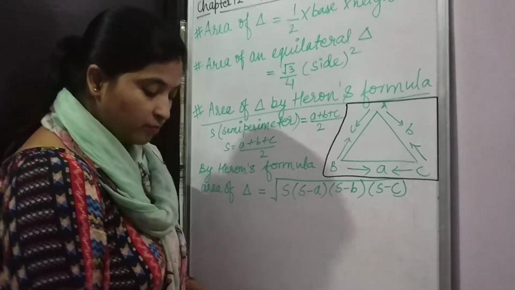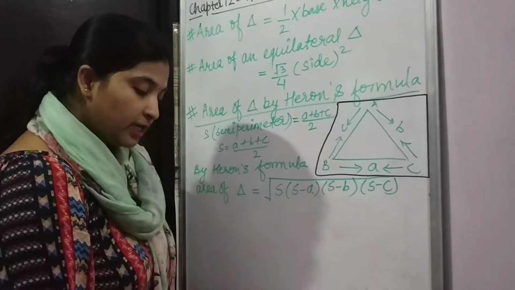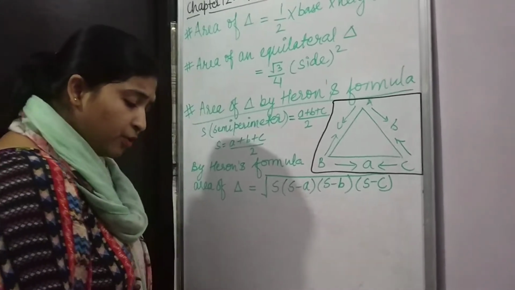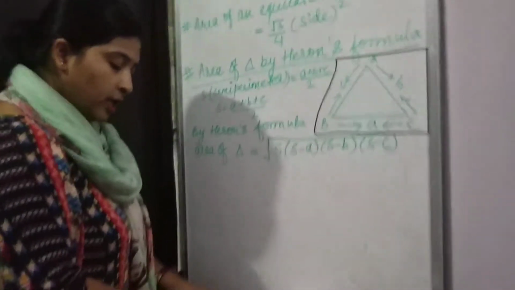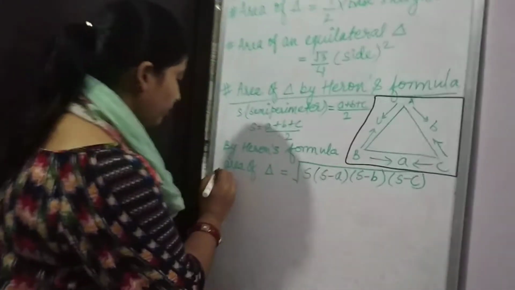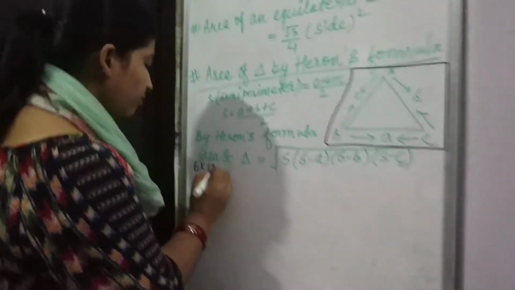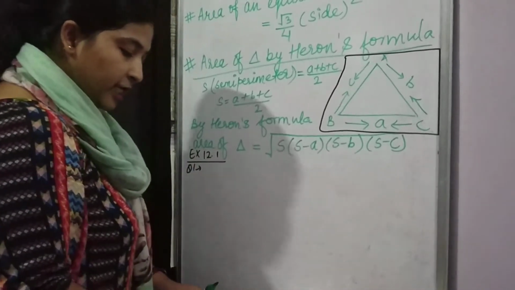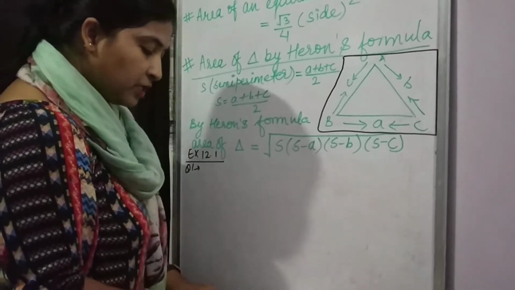Based on this, we will do questions from exercise 12.1, starting with the first question. You can see it in the book: a traffic signal board indicating school ahead is an equilateral triangle.